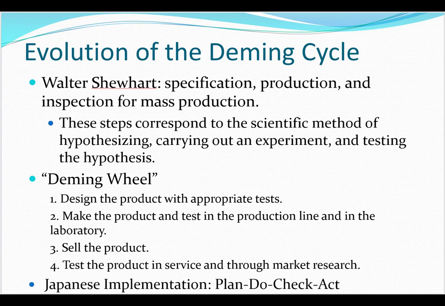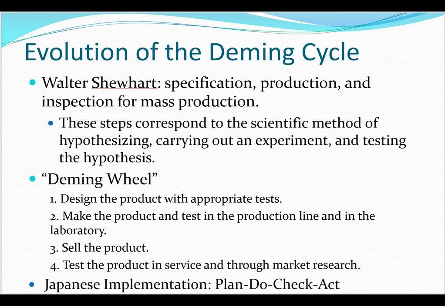to go to production, you must design the product with appropriate tests. Then you need to make sure that the product is going to do what it's supposed to do. So for that, you need to test it on the production line and in laboratories.